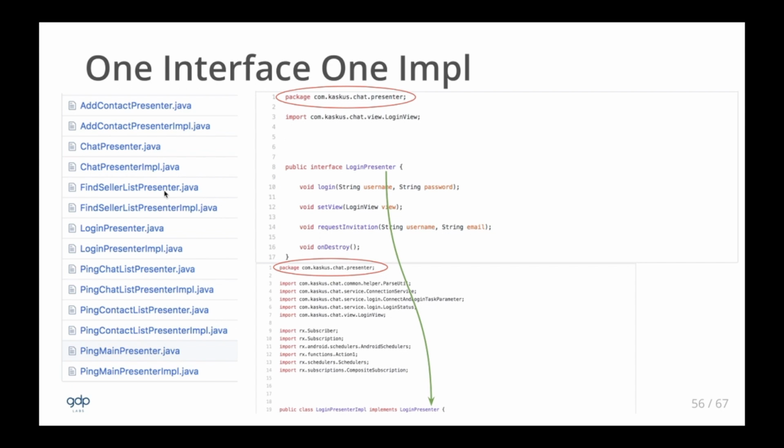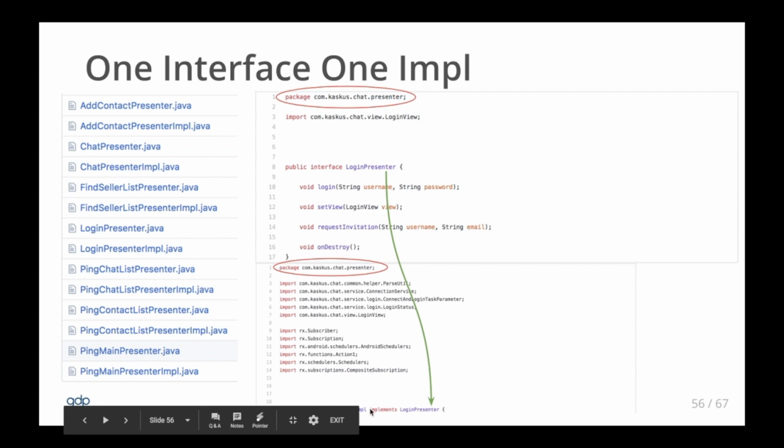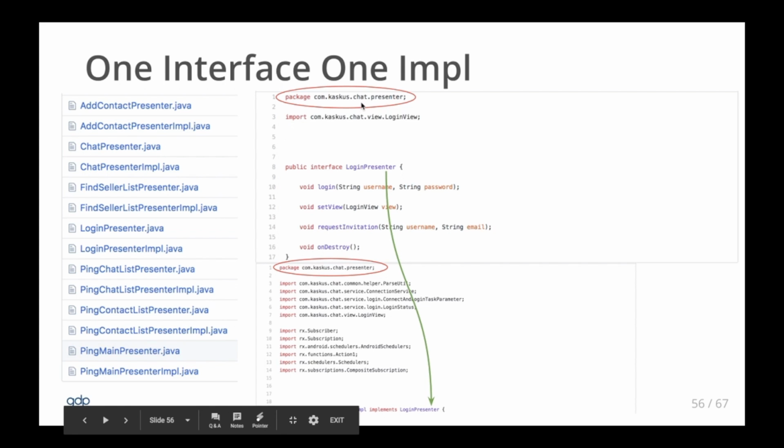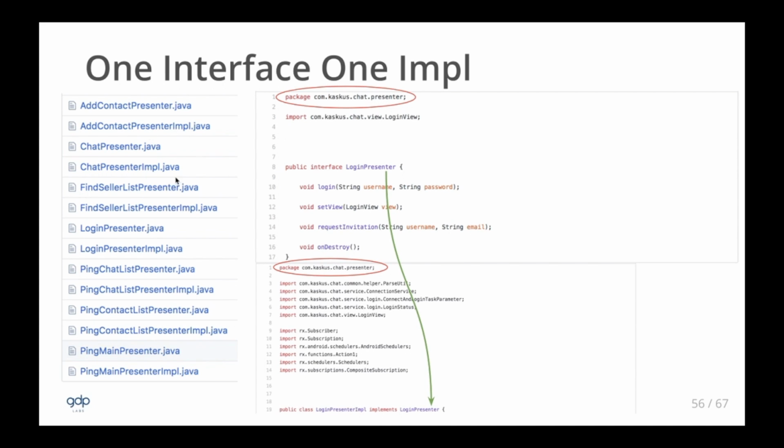It's so much hassle. This is one example. Pay attention that we have a login presenter interface here, and it's implemented in login presenter IMPL. And if you look closely, they both are in the same package, the presenter package, and so are the others.